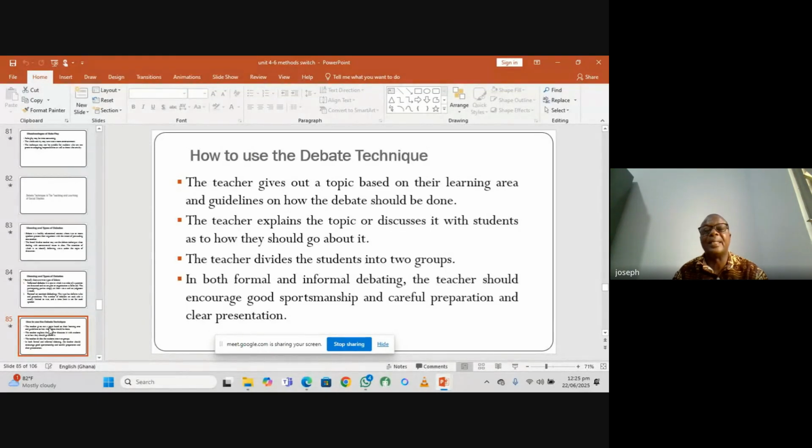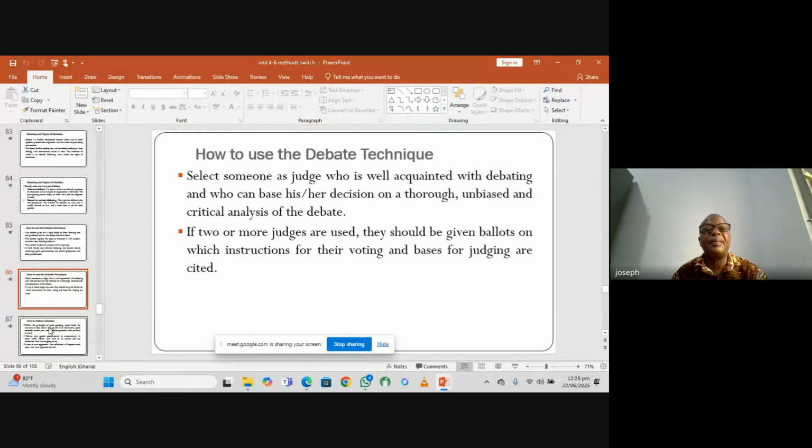At the end, when they say this person or this group emerges first, it doesn't call for any fight or quarrel. You select someone as a judge who is well acquainted with debating and who can base his or her decision on a thorough, unbiased, and critical analysis of what each of the debaters presents.